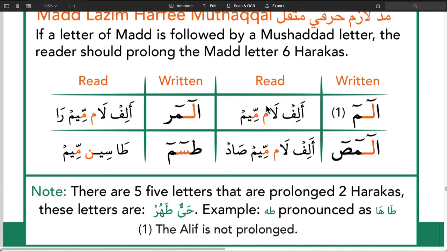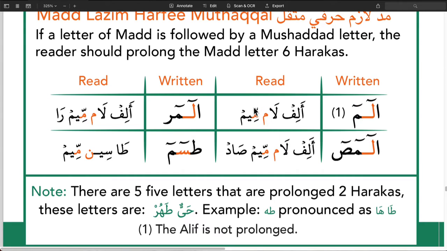Alif, and then lam, I have to pull. Lam, mim. Don't forget to put ghunna akmal here, the highest ghunna, in between lam and mim.